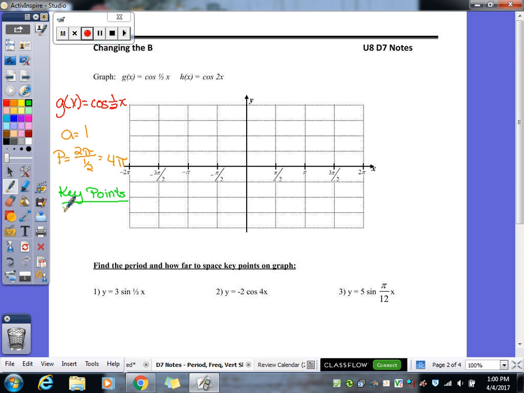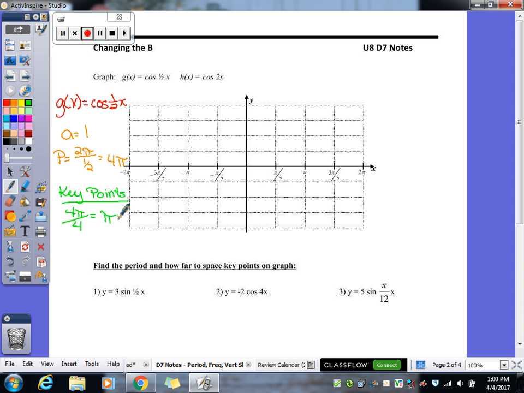So what we do, especially when the period changes from our normal one, is you got to figure out when are those key points going to happen. So you want to take your 4 pi, you take whatever your period is, and you divide it by 4. So here our key points are going to happen every pi.